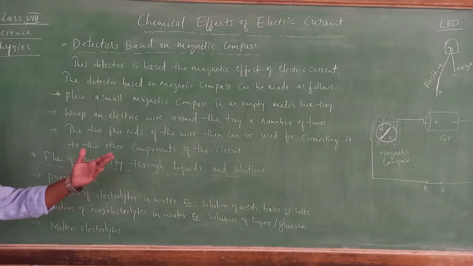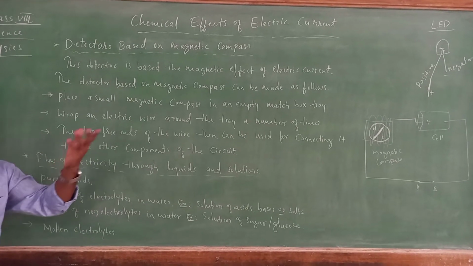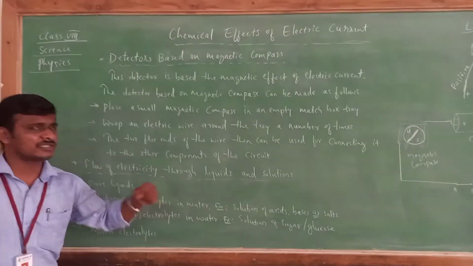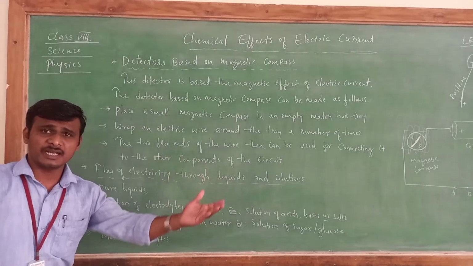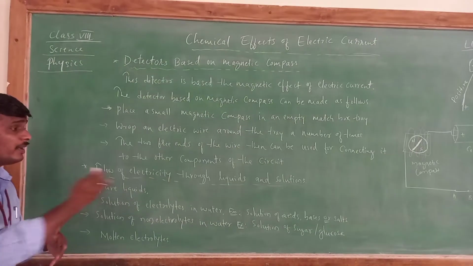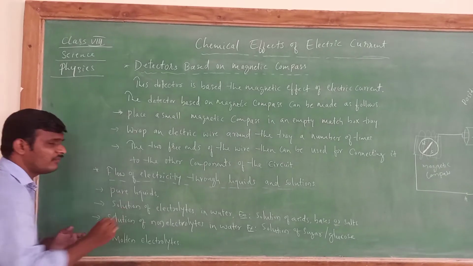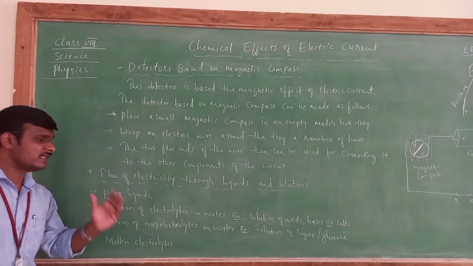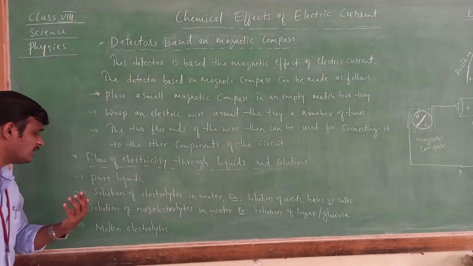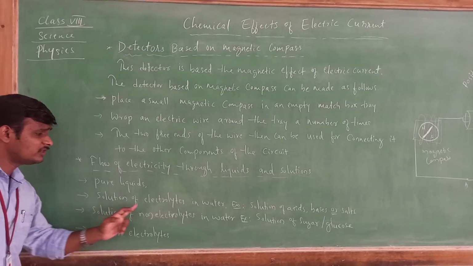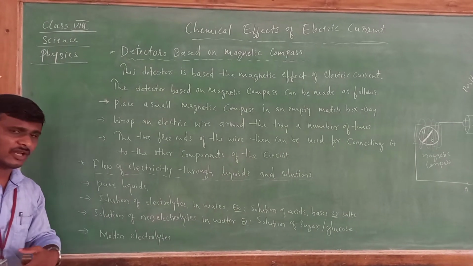The flow of electricity through liquids and solutions, that we are going to see. You know that some liquids and solutions conduct electricity and some do not. In pure liquids, the conduction is more. Second, the solution of an electrolyte, which I explained in my first video, what is an electrolyte and what is not.